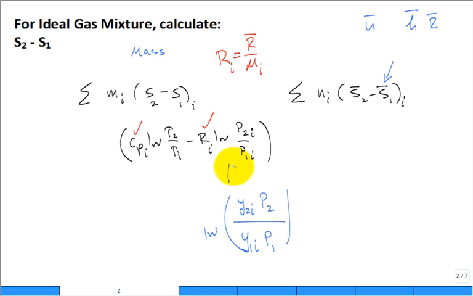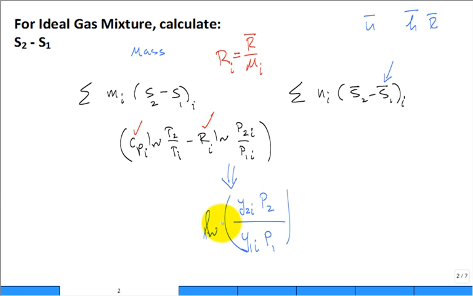Does it make sense that you're using the Y's and the P's? But is there any Y's times T's? No. No partial temperatures.